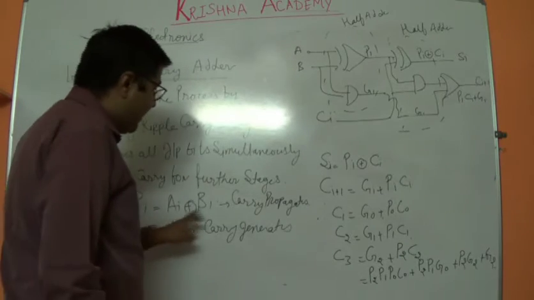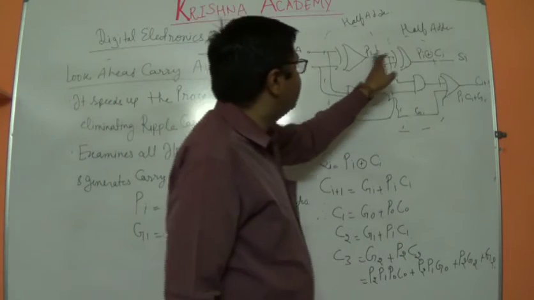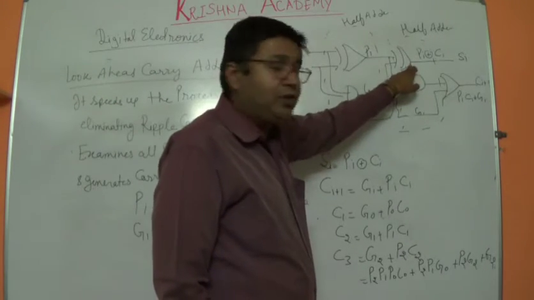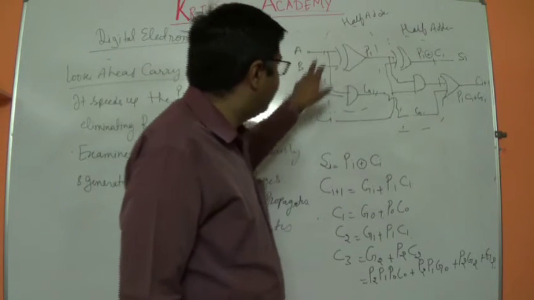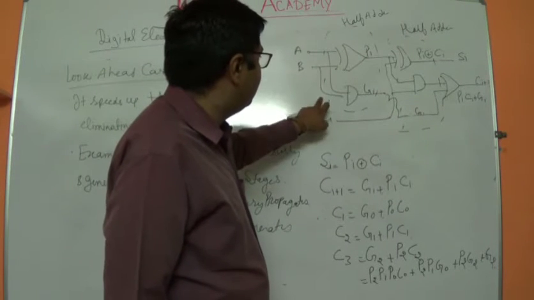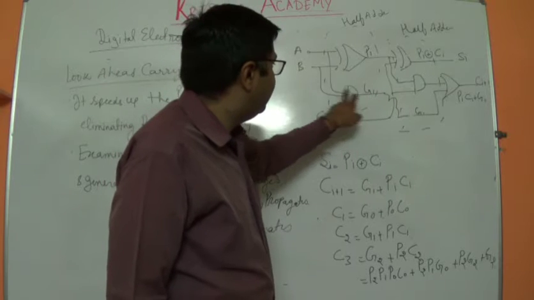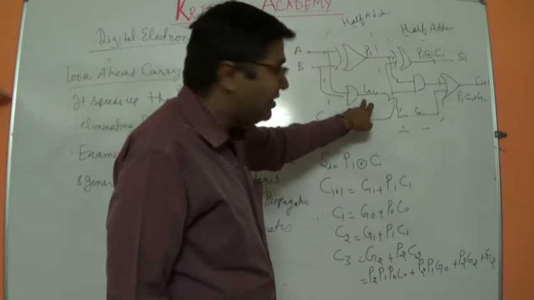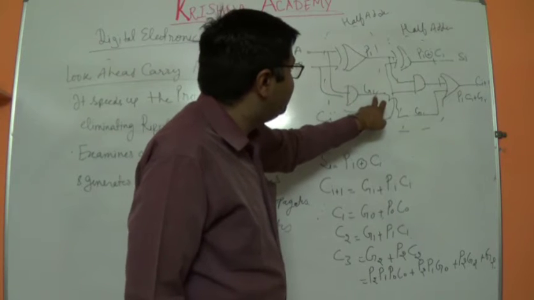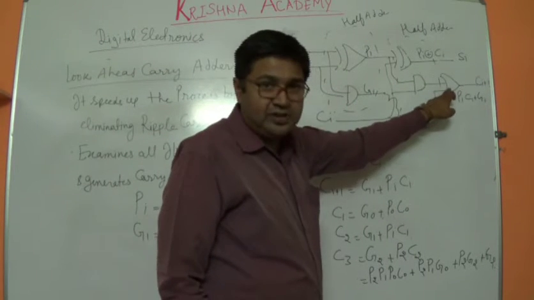This carry will be propagated to the next stage, the next full adder. These are the two half adders in this circuit. This also generates a carry, which is Ai Bi, through an AND gate, and this Gi is moved forward.